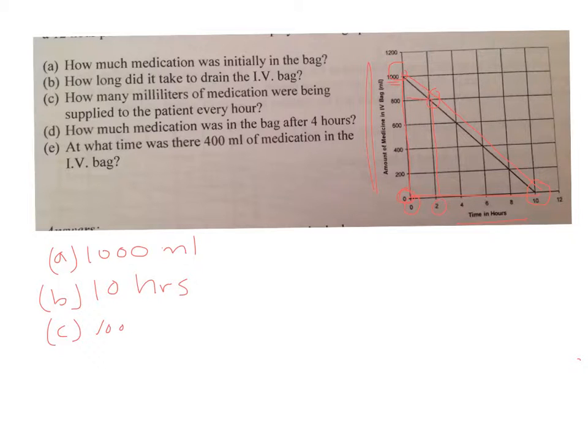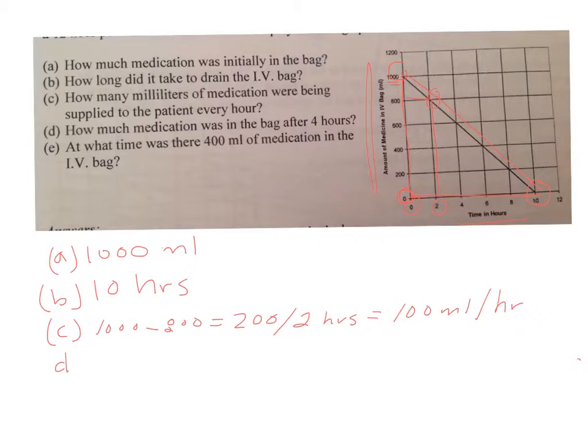So if I started with 1,000 and ended up at 800, that would mean after 2 hours, 200 milliliters came out of the bag. So I used 200 mils every 2 hours, which is the same as 100 mils per hour.